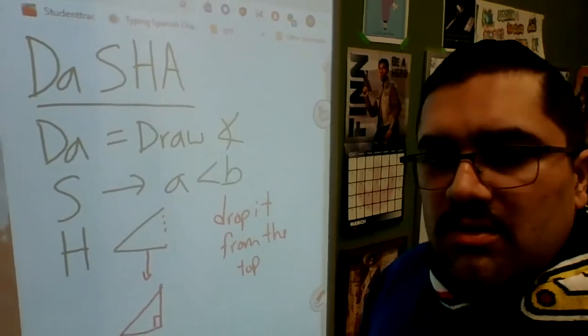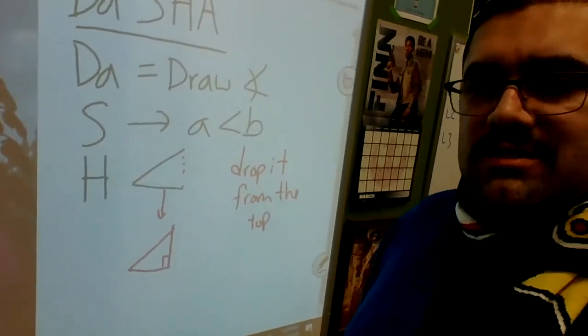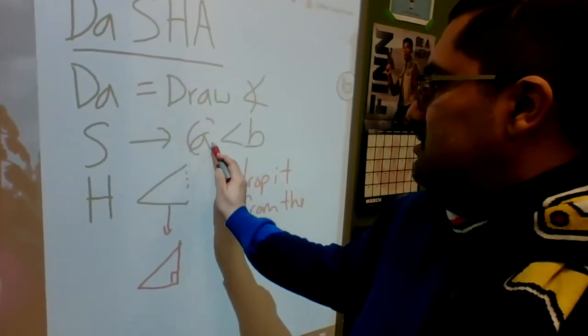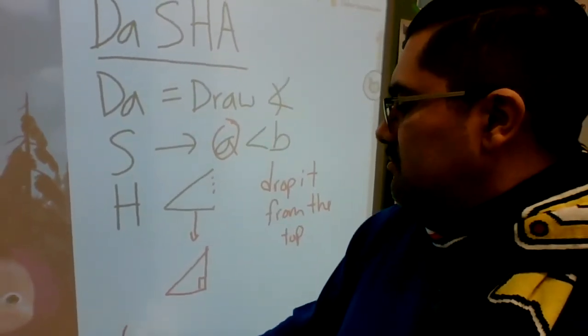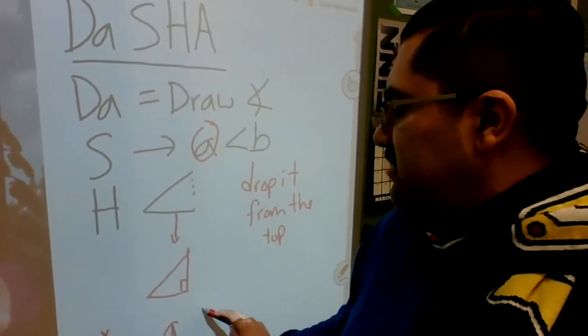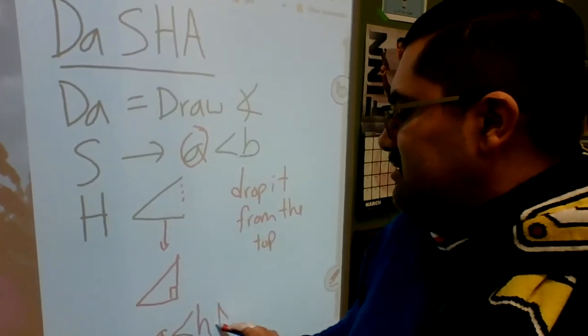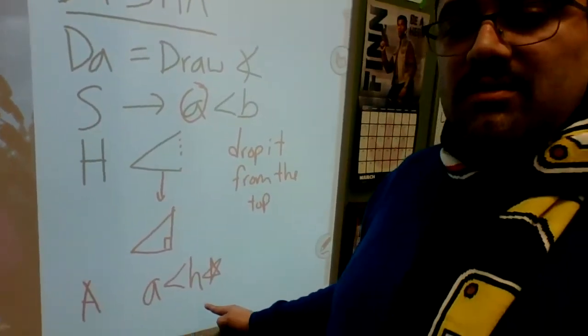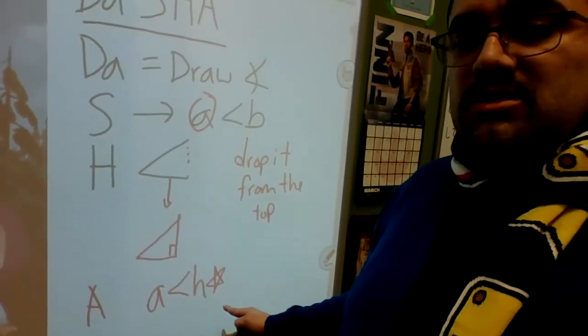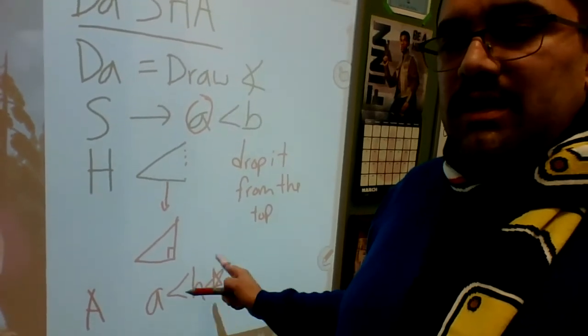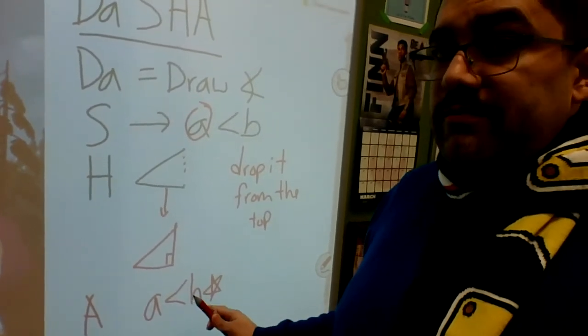So we're going to do that. Later, our last step in Dasha will be to use this, and we're going to compare it to H. What we want to get is this. If we can get that, we can get A smaller than H, then we can continue and get an answer. If we can't, then everything messes up.